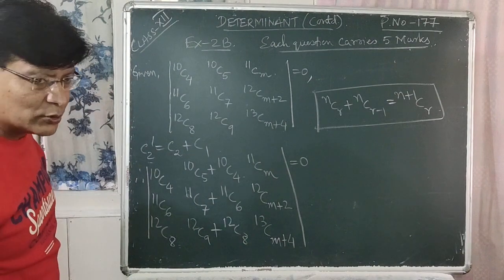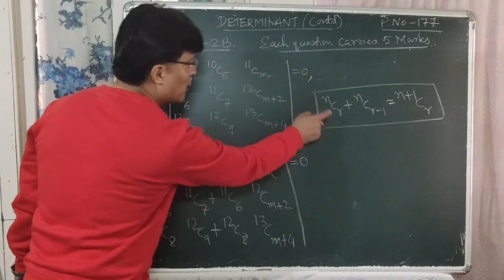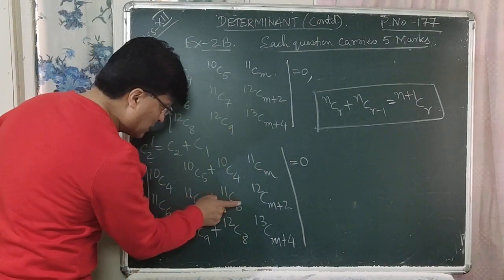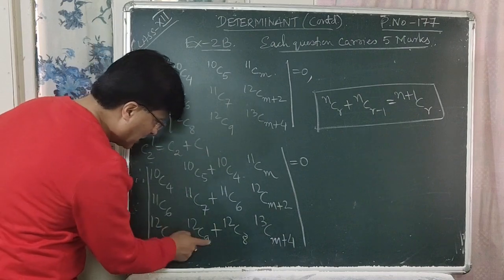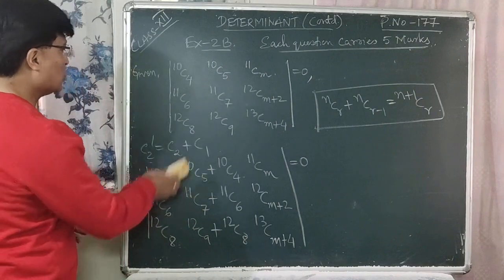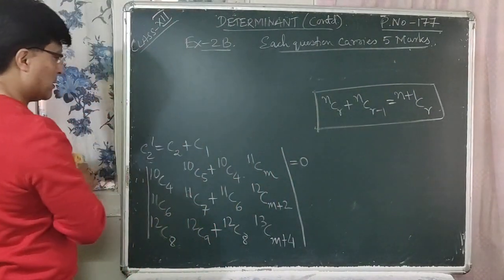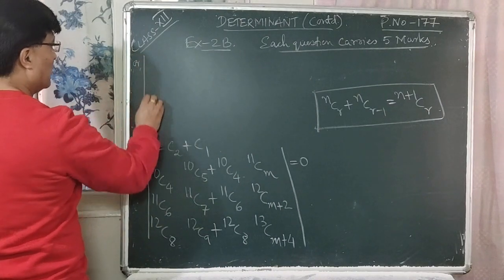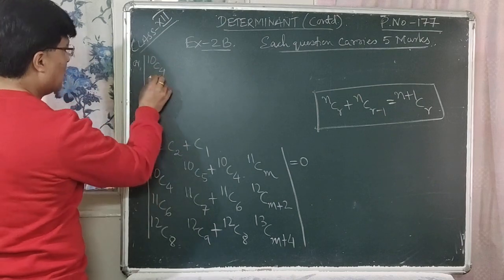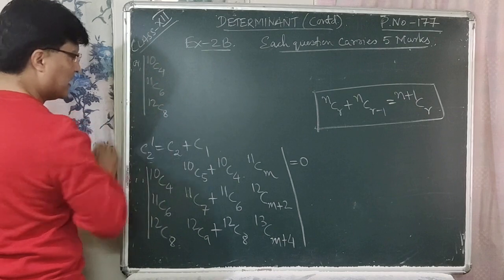So now, what will you do? You can simplify 10C5 plus 10C4 using this formula. Again, you can simplify 11C7 plus 11C6 and 12C9 plus 12C8 using this formula, right? So let us do the next step now. So what will be the next step now? The first column remains the same, 10C4, 11C6, 12C8, right?